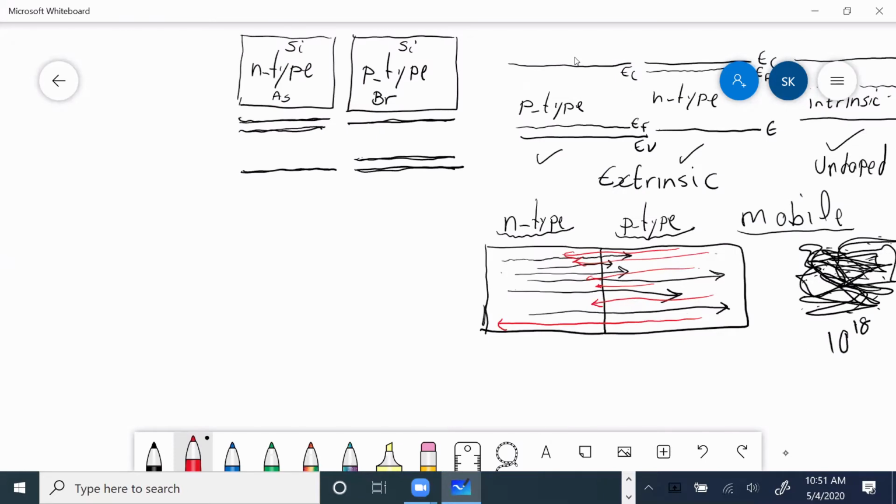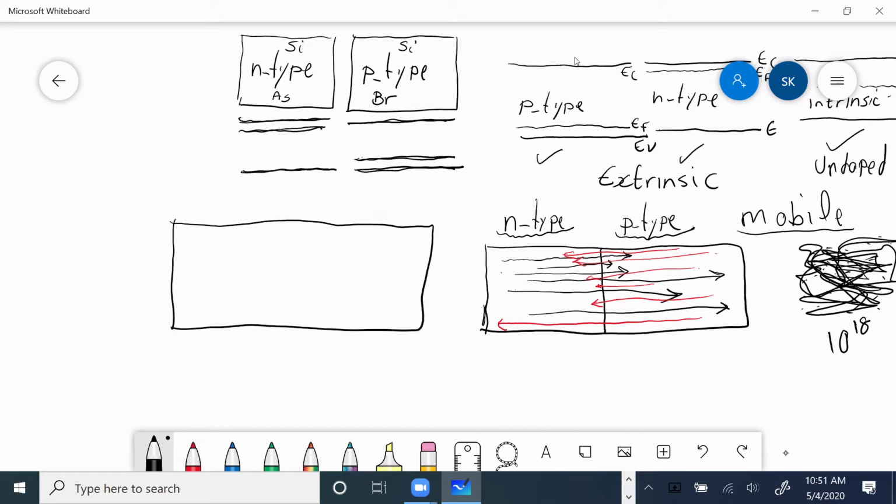But now, let's see what happens. This is N and this is P. So these electrons that can travel there, as soon as they enter the P-type, they marry. An electron finding a hole, what happens?